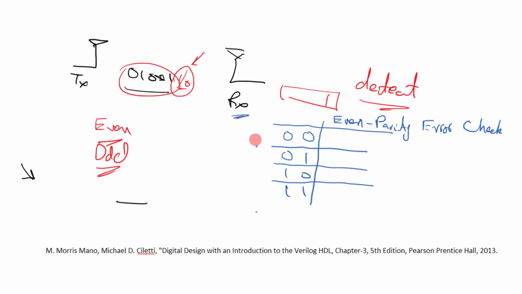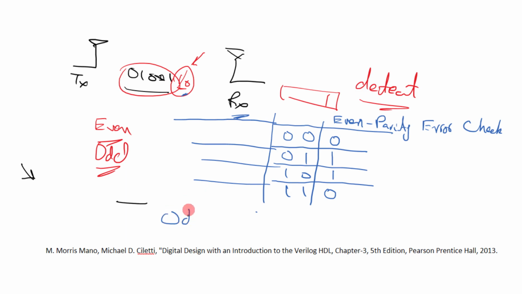If at the receiver you receive an even number of ones, then there is no error in your message. But here, as you can see, there is an odd number of ones in your message along with your parity bit. This is a 2-bit even parity error check circuit. Here you have an error, and 00 is considered as no error for the even parity error check circuit.